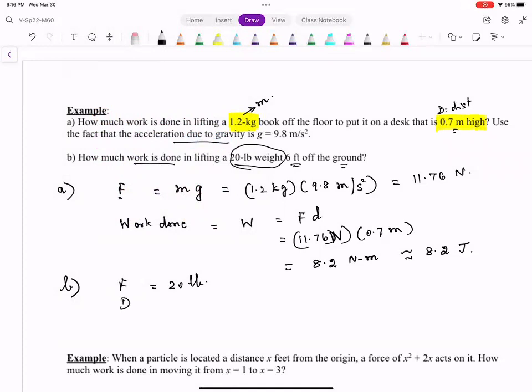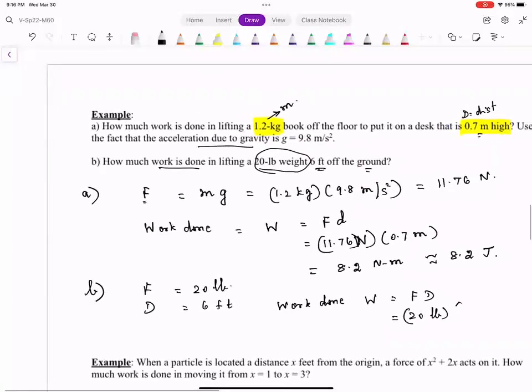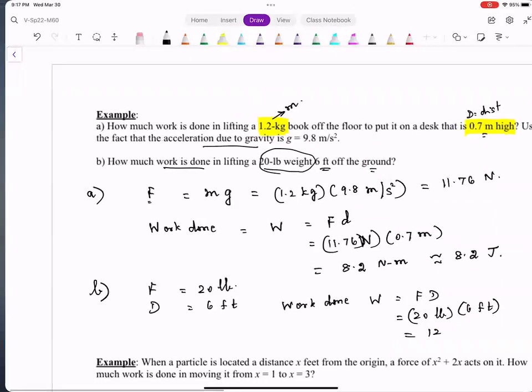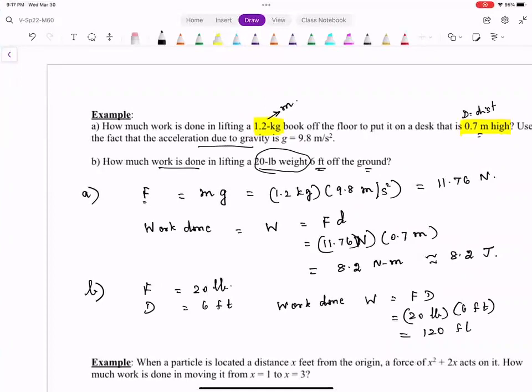So distance is 6 feet. Work done is W, which is F times D, which is 20 lb times 6 feet, which is 120 foot lb.